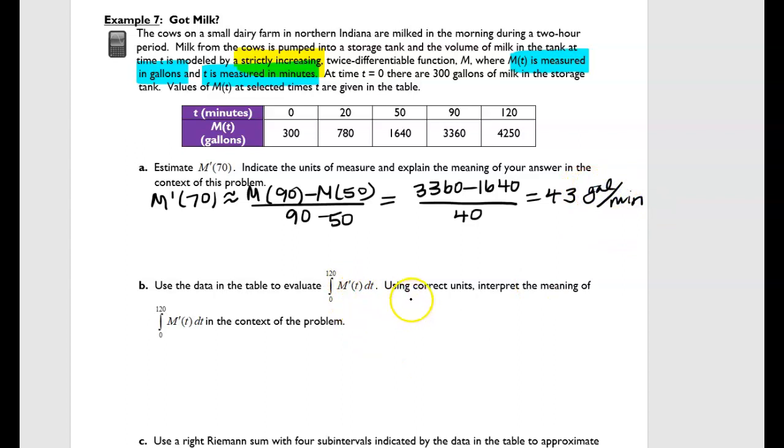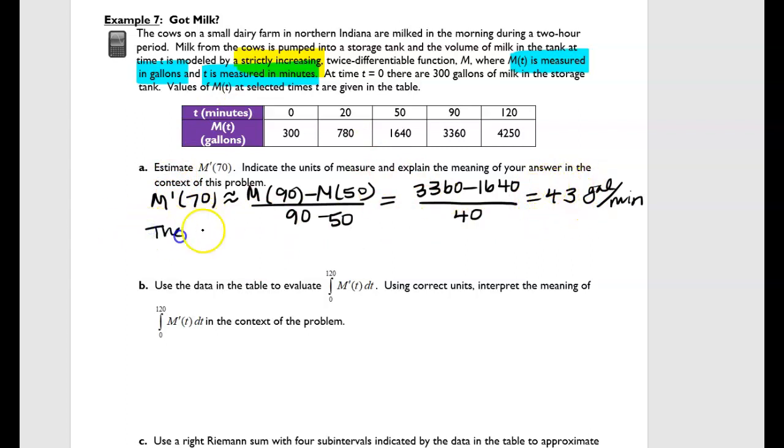Now let's give the context. So m prime is the rate of change of m. M was the amount of milk, and so this is the rate of change of the amount of milk. Since this is positive, I know the amount of milk would be increasing.